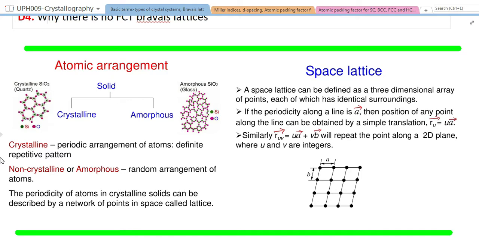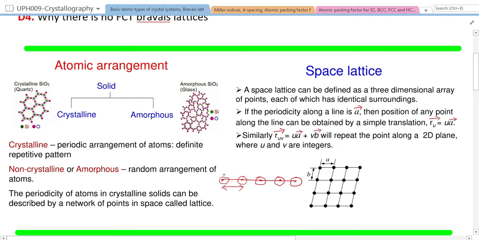And here what we are showing is that, if you have just one dimension, imagine a line. The line starts from this point, and there is one atom here, and with a distance of a certain unit, you are repeating that point. These points are forming the lattice.